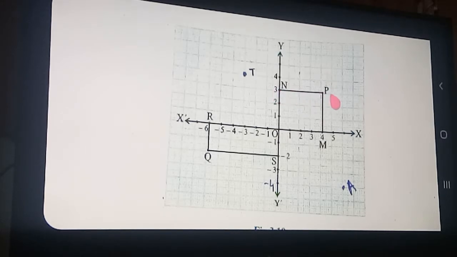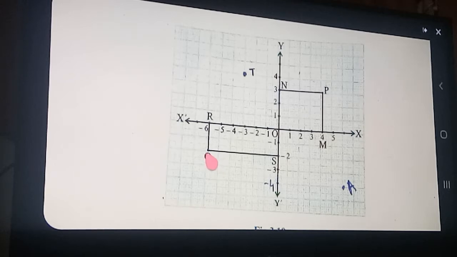So how will we write the point? As the ordered pair (4, 3): first the x coordinate 4, and the y coordinate 3. Clear? Okay.